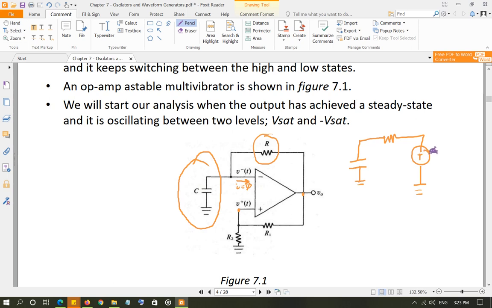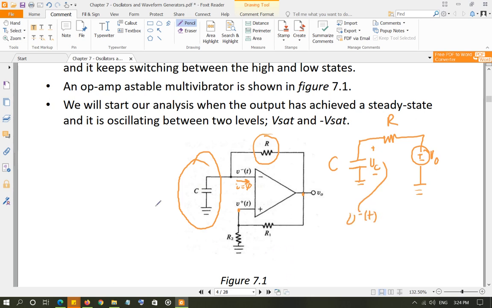So this is your output voltage, V out. This is your resistor, and this is your capacitor. And this capacitor voltage, Vc, is basically the voltage at the inverting input terminal. So this is V negative.